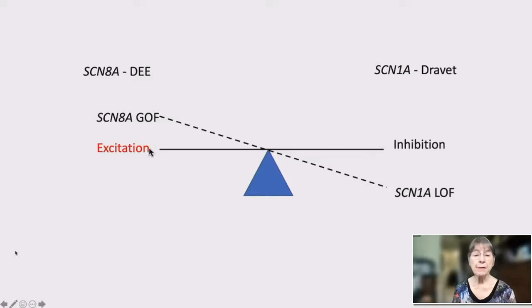Normally, there's a balance in the nervous system between excitatory and inhibitory circuits. If we lose SCN1A, we move into excess excitation. And if we gain excess activity of SCN8A, we have the same effect. So this explains the adverse relationship between these two genes and this disorder.